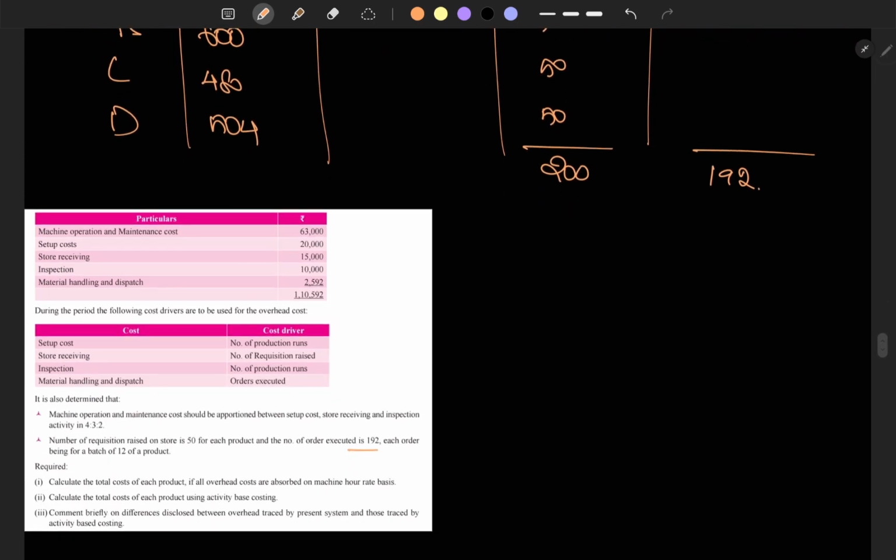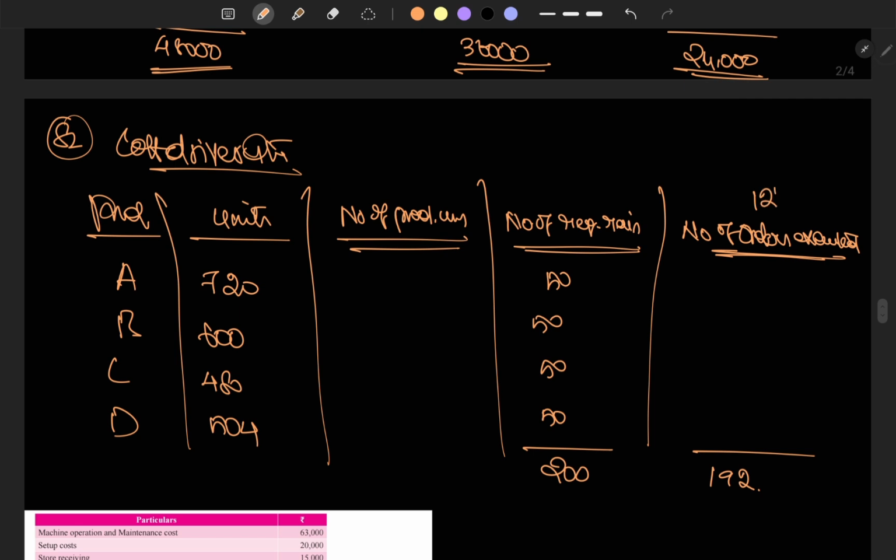Product wise we need to find out. Each order is 12 per unit, and the production run we know is 24 per unit. So 720 divided by 24 gives us 30 production runs for product A. 600 divided by 24 is 25 production runs for product B. 480 divided by 24 is 20 production runs for product C. 504 divided by 24 is 21 production runs for product D. So 25 plus 20 plus 21 plus 30 gives us 96.